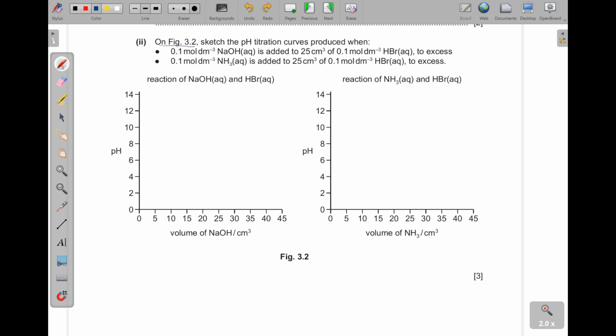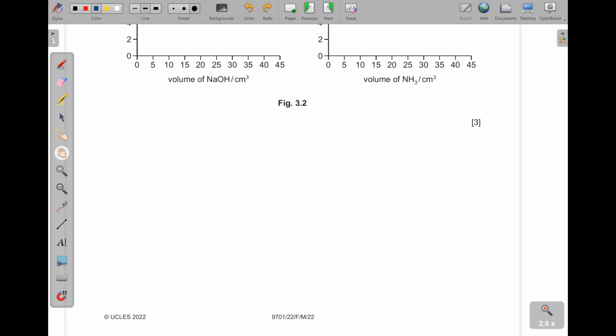Roman 2, on figure 3.2, sketch the pH titration curves produced when we have 0.1 molar sodium hydroxide. This one is a strong alkali, and we also have 0.1 molar ammonia. This one is a weak alkali. They are all added to 25 cubic centimeters of HBr to excess. Now, let me write something small here, okay?